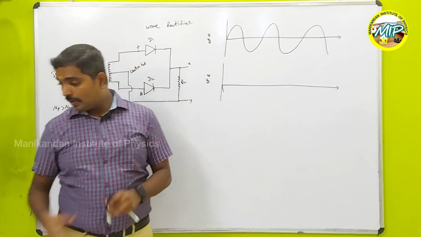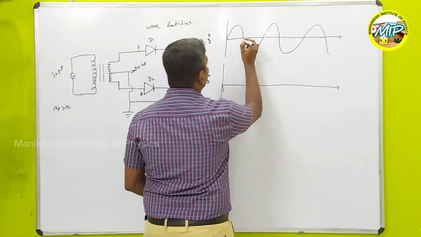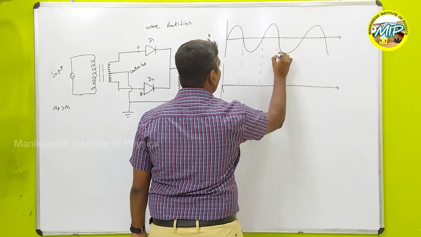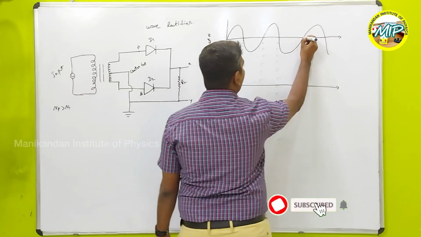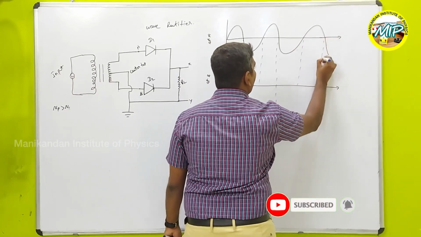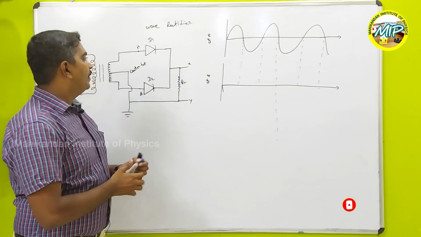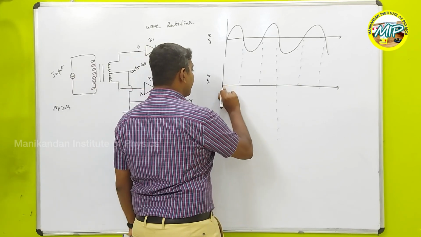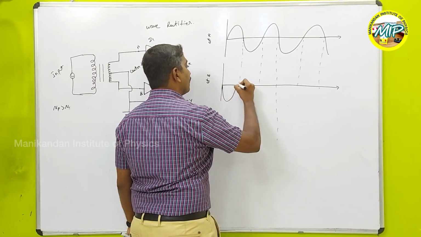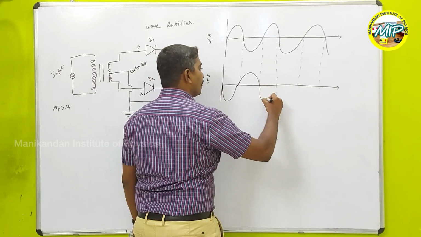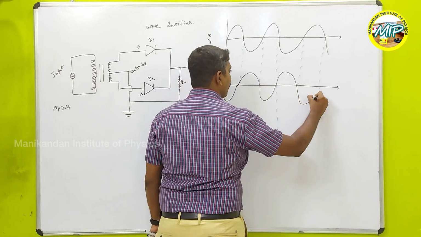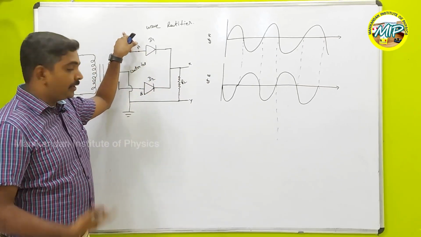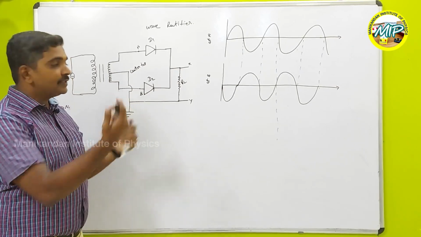So I am going to use this blue marker for the straight line. When A is positive, at point B my wave function is going to be negative. So at A is going to be a positive wave, at B is going to be a negative wave. So vice versa will change.